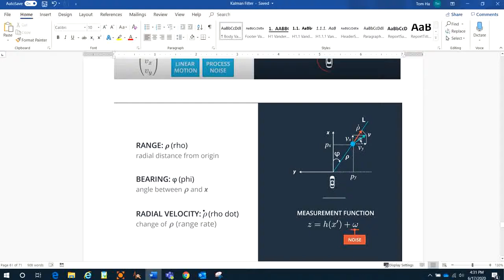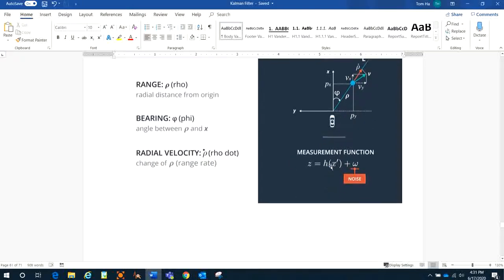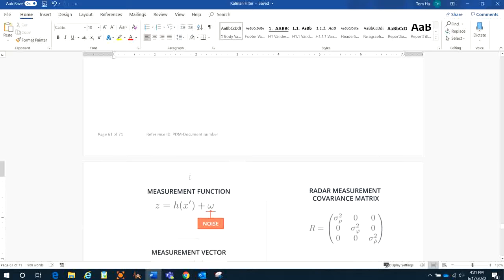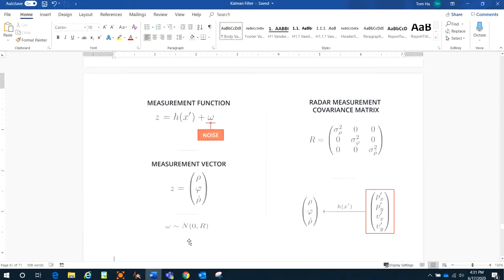We have the range rate, the change of rho, which we call rho dot, and it is the radial velocity. In the measurement function, omega is noise, a Gaussian distribution with zero mean and covariance R.